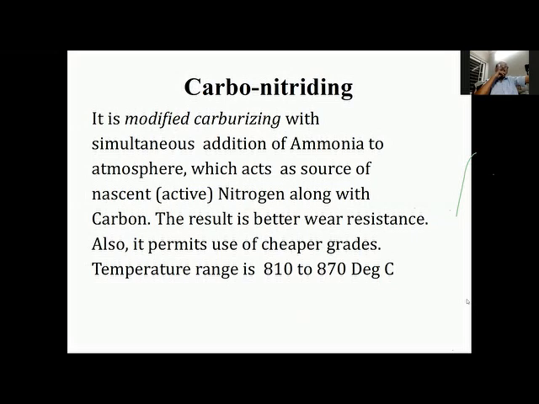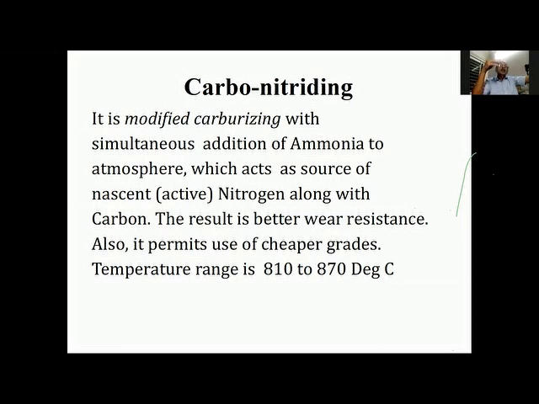Carbonitriding is another process which is commonly used for gear heat treatment, and it is a modified carburizing process with simultaneous addition of ammonia to the atmosphere, which acts as a source of nascent or active nitrogen along with the carbon. Like we saw that normal carbon cannot penetrate the steel surface, but carbon which is in a nascent or active form can penetrate.